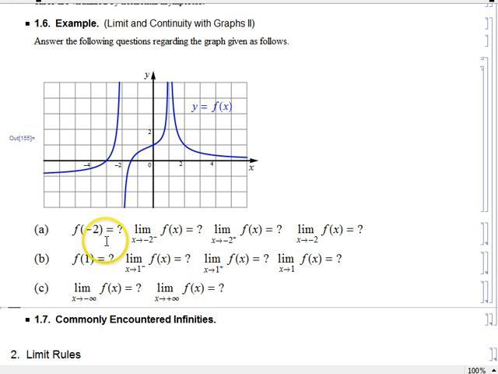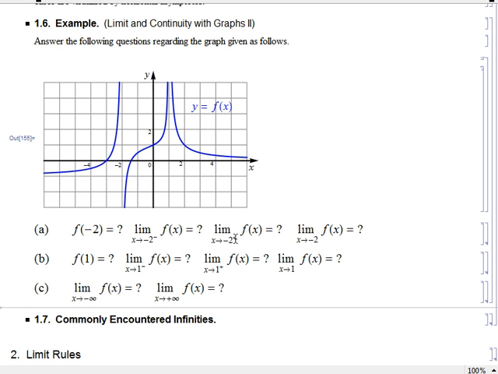How about this one? F of negative 2, of course that's undefined, no point here. X is approaching negative 2 from the left-hand side, the negative side. That's a left-hand side limit. Now what is this left-hand side limit? If I follow the graph from the left-hand side, the y-coordinate is blowing up to positive infinity. How about the right-hand side limit here?